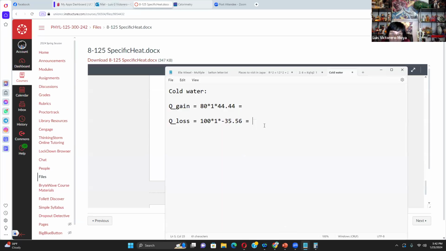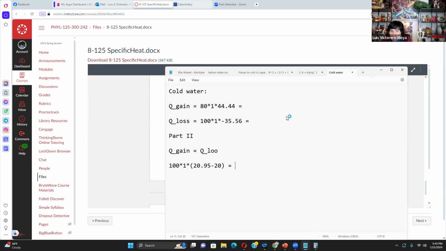So the way you will write the equations for part 2, with the values I use, will be Q gain equals Q loss. For the water, it was 100 times 1 times, here you will put 20.95 minus 20. And we are going to take the absolute value of Q loss because the heat loss is going to be negative.